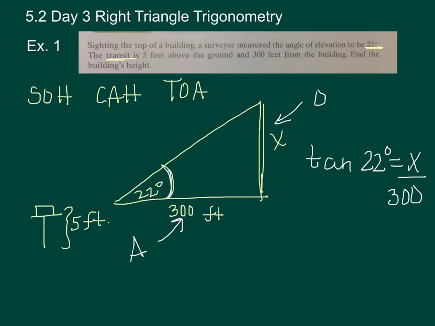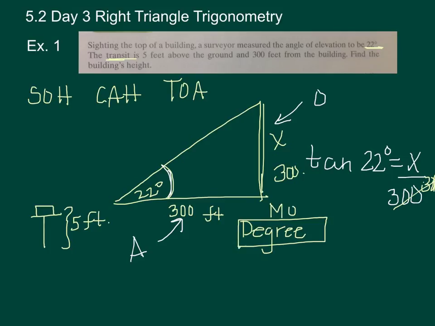So you're going to solve for x by multiplying both sides by 300 so that these can cancel. Now, very important, your calculator has to be in degree mode because it could either be in degree or radians.